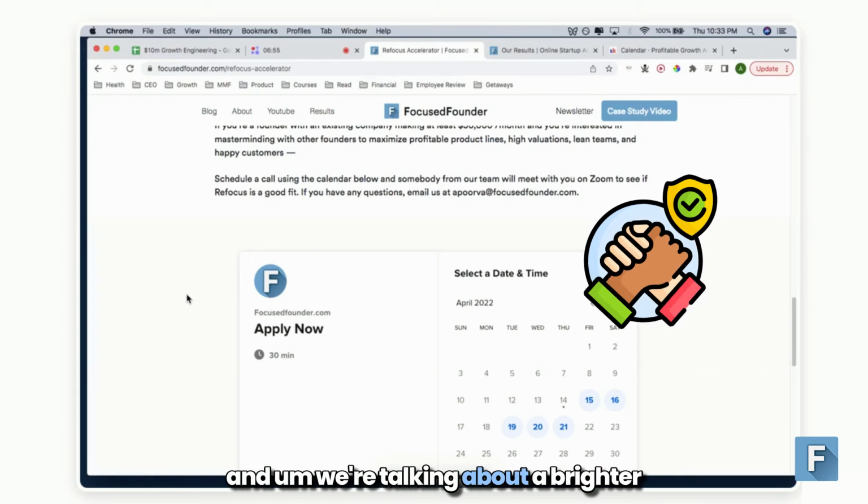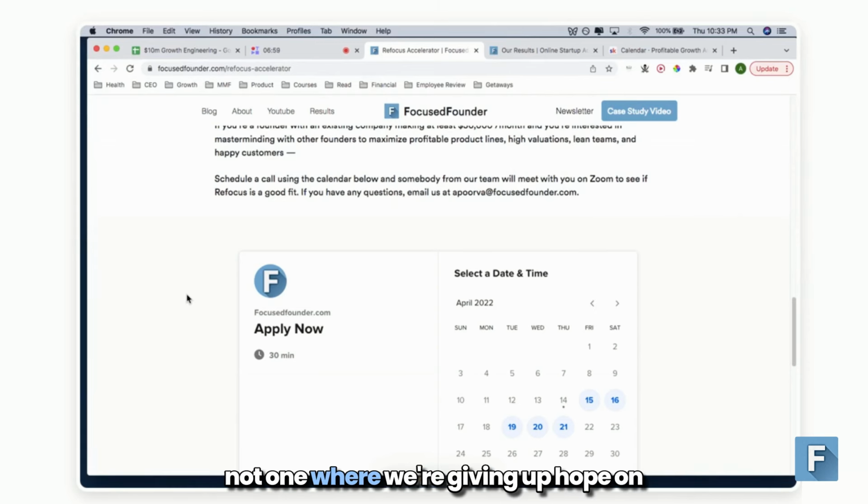We're talking about a brighter future that we're all going to build together, not one where we're giving up hope on solving problems that are frankly solvable, especially by a generation like us.